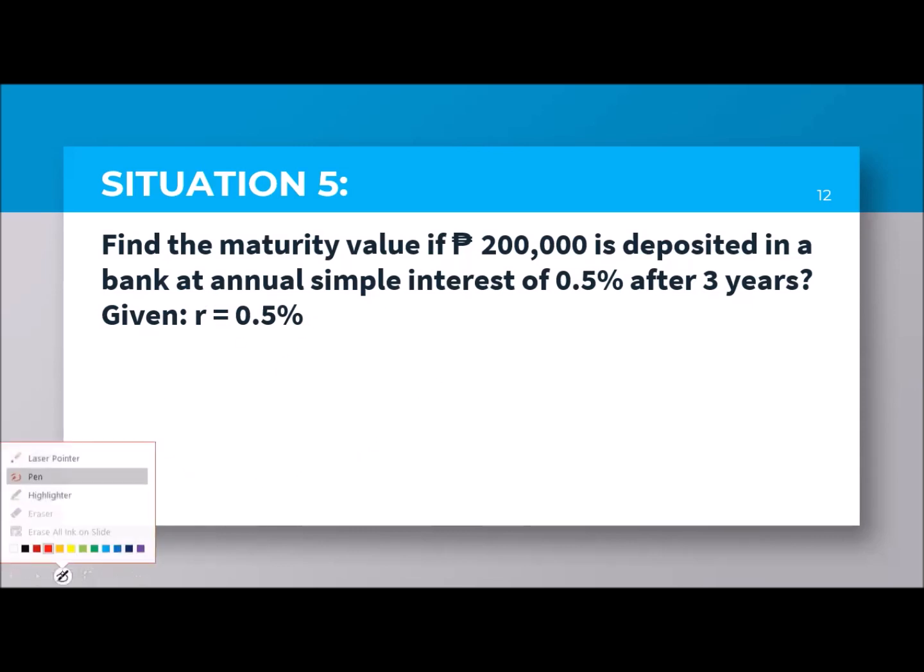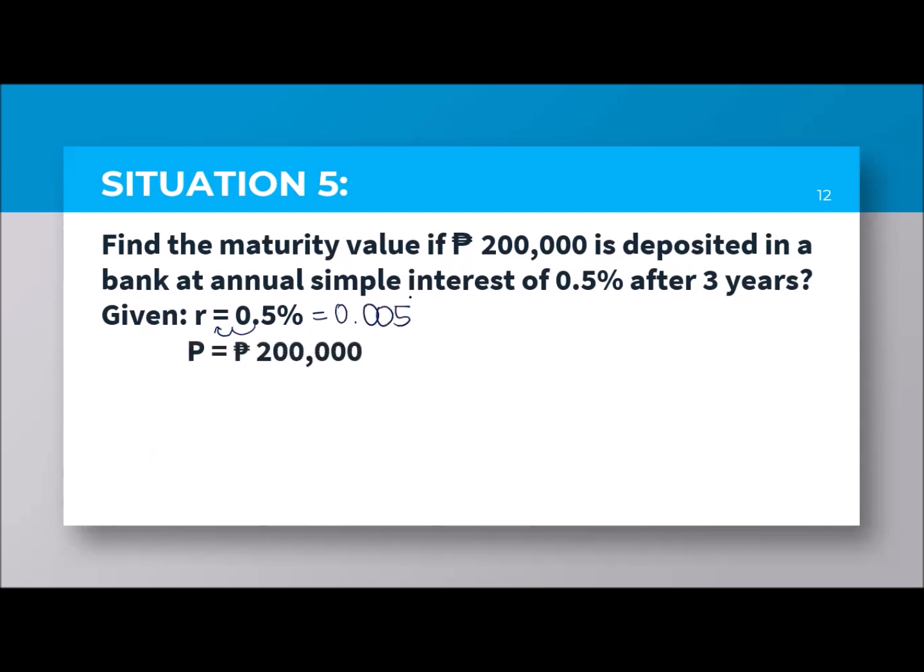So, ang rate natin dito is 0.5% na ang katumbas po nito ay 0.005. Bakit? Kasi i-move lang natin ulit. So, that is 0.005. And then, ang ating principal amount is 200,000 pesos and the time is 3 years. So, gamitin natin yung pangalawang formula.